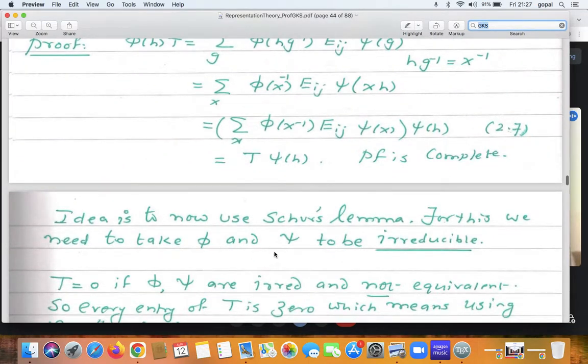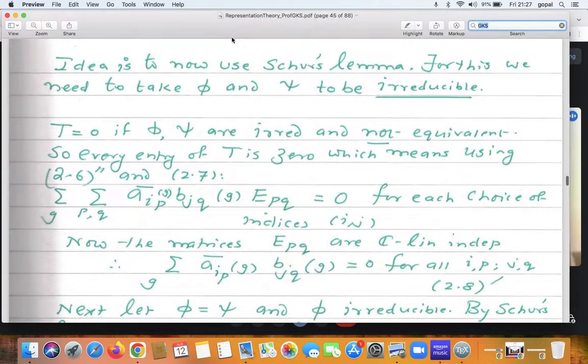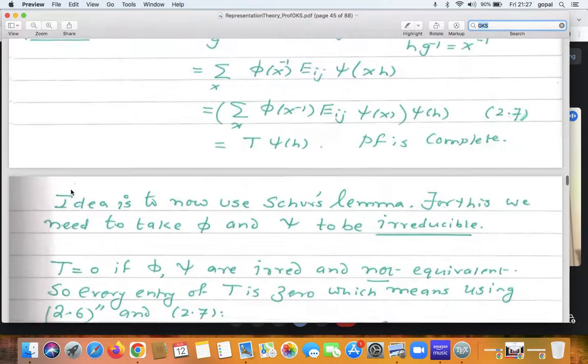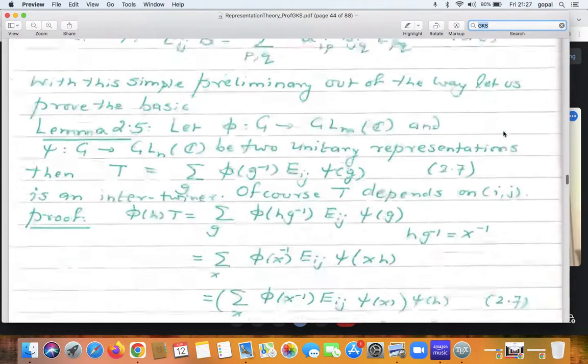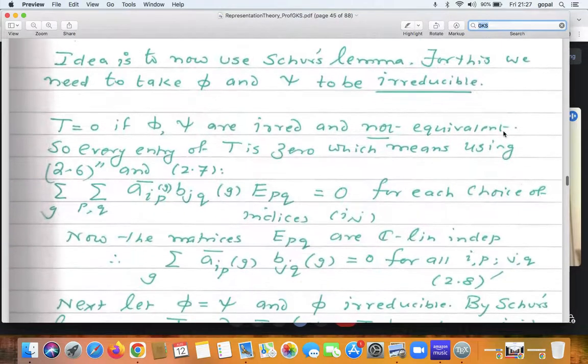For this, we need to take phi and psi to be irreducible. So now, if phi and psi are irreducible, and if they are not equivalent, then the intertwiner must be 0, right? That's Schur's lemma. So every entry of T must be 0, which means that using 2.6 prime, 2.6 double prime and 2.7, we conclude that summation over G, summation over pq, a_ip(g) bar b_jq(g) E_pq must be 0 for each choice of indices ij.